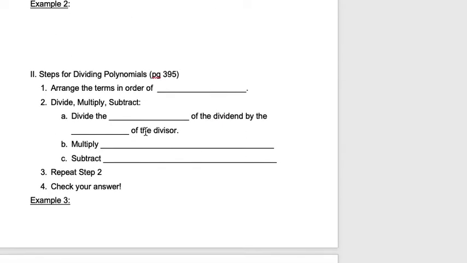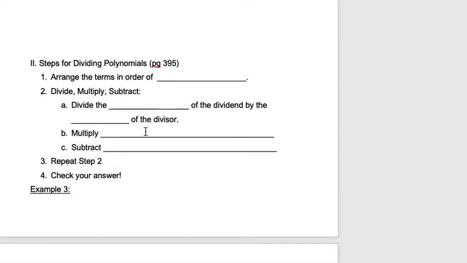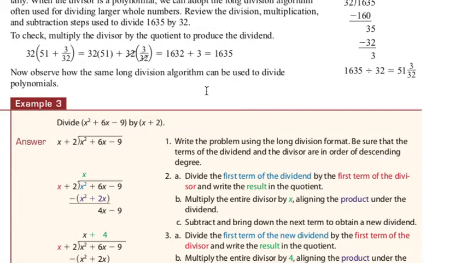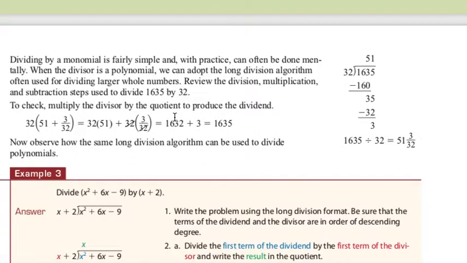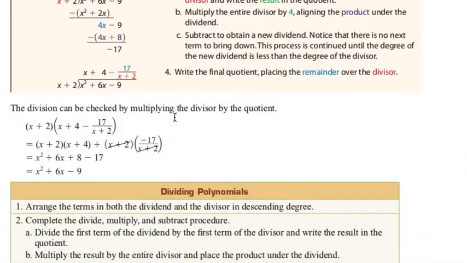Then we have our steps for dividing polynomials. First, arrange the terms in order of descending degrees. Let's see if they have an example here. Of course, I don't see an example.